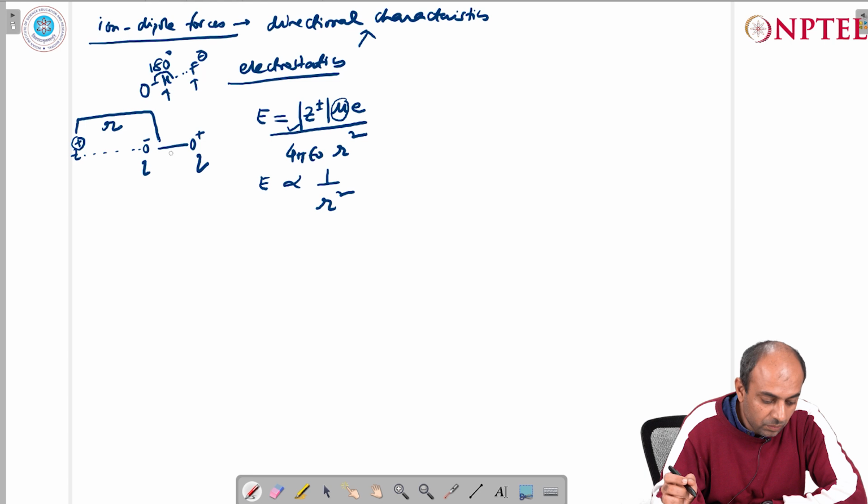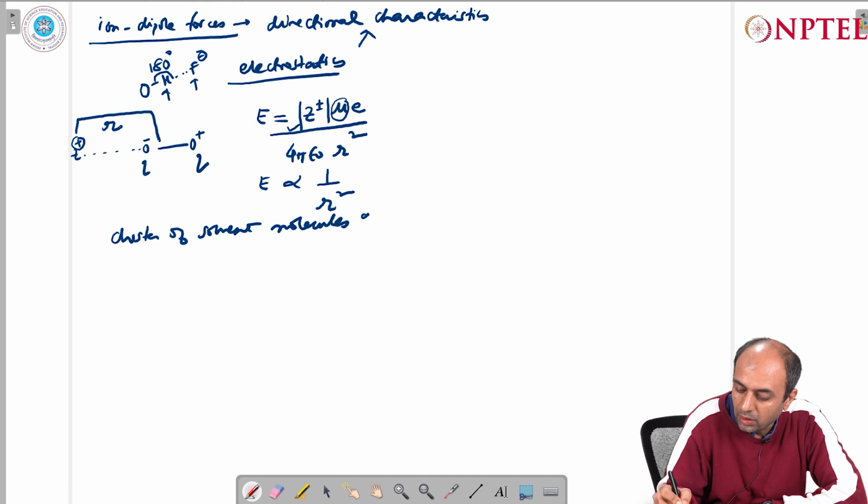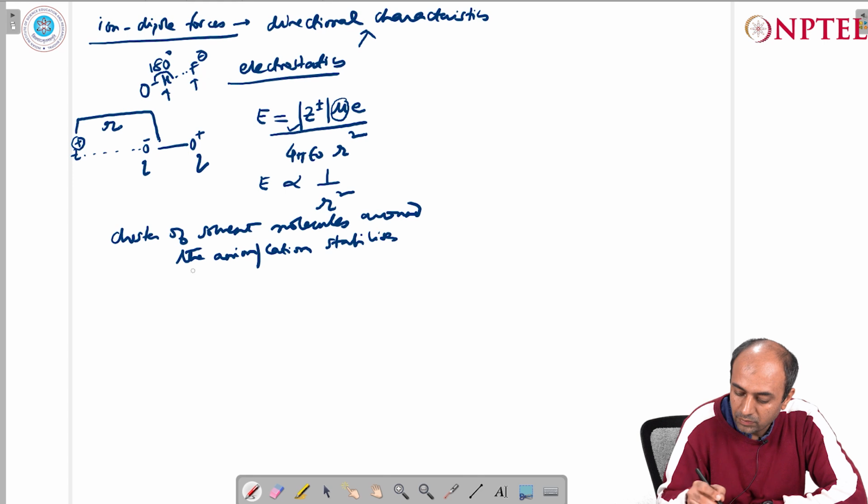and because they are weaker, you need to have more association of these dipoles, so that the overall cluster of solvent molecules around the anion or cation stabilizes the overall association.